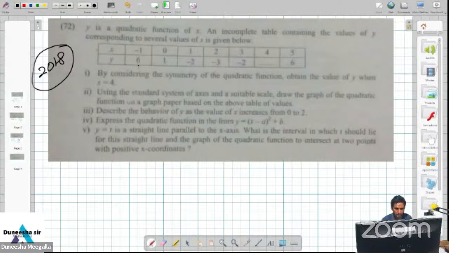When x is -6, here. Can you get the answers? Look, there is a value here and a value here. Then what is the symmetric? What is the y value when x is 4? Satish will tell, using symmetry again.